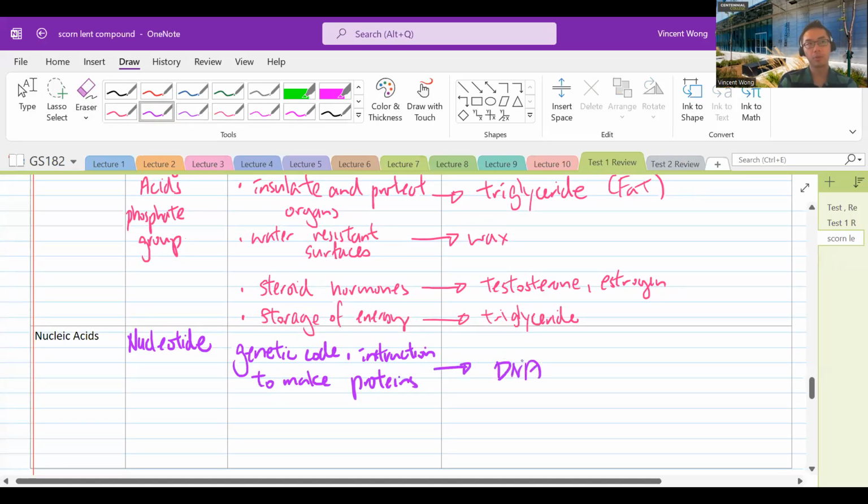Right? Like, how do we know what amino acids to link together? Well, it's all encoded within the DNA. Right? It is, of course, also the hereditary material, which is, you know, what you passed on to the next generation.